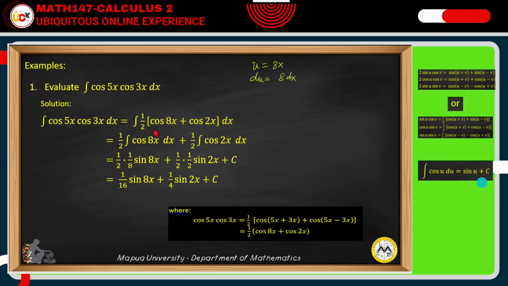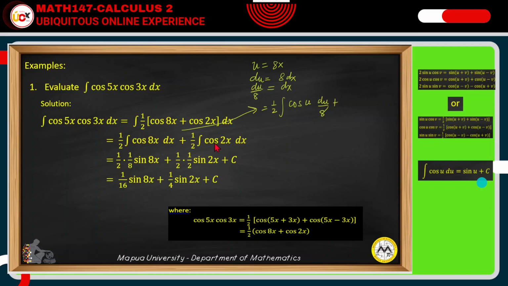By substitution, you can now rewrite this as 1/2 times the integral of cosine 8x, but 8x is u, times dx, where dx, you divide both sides by 8 to solve for dx, so dx equals du over 8. So we can now replace this dx by du over 8.